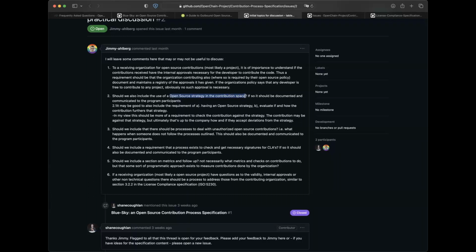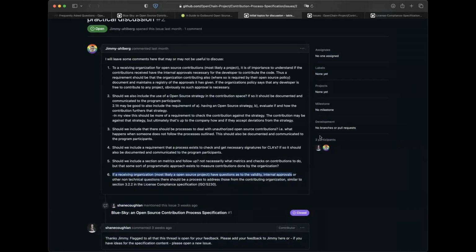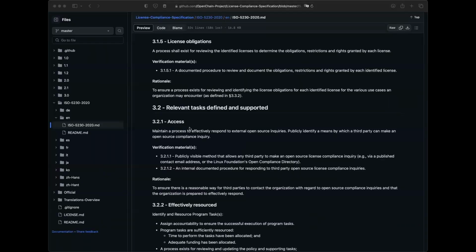So they've got something about how it is relevant to their company. We know they've got processes for unauthorized contributions. We know that they have processes for copyright assignment. And we know that they have an external contact, which is the equivalent of exactly this point here.